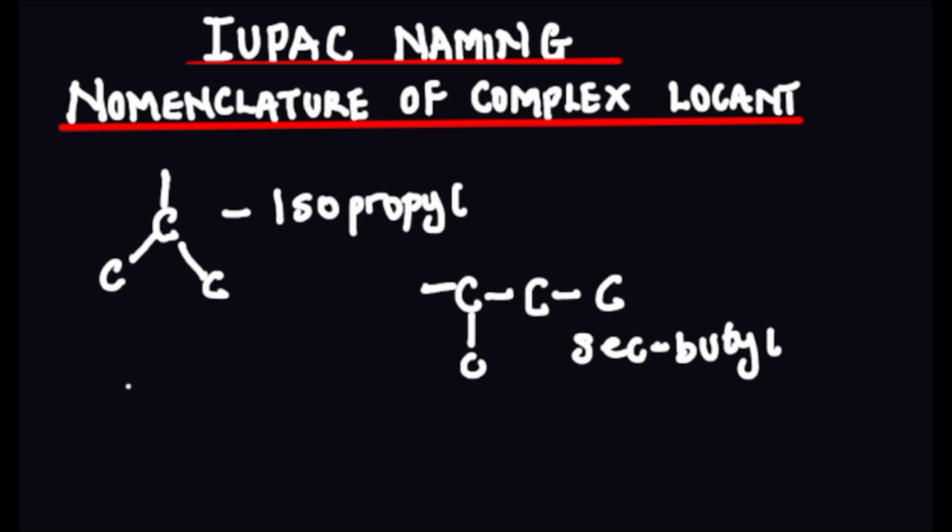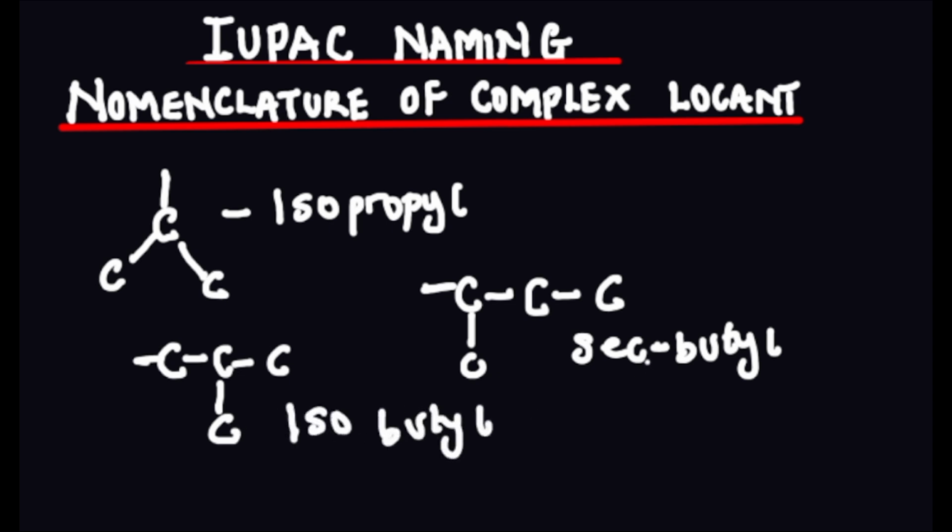Now let's say we have another one here. Look at this. In this case, this carbon here is moved to the middle side. We have the bond here, a carbon here, another carbon here, and this carbon is now connected to the middle, and we have the bond here as well. So in this case, you call this isobutyl. Whenever we have 4 carbon atoms, for example, look at this: 1, 2, 3, 4, that's butyl.